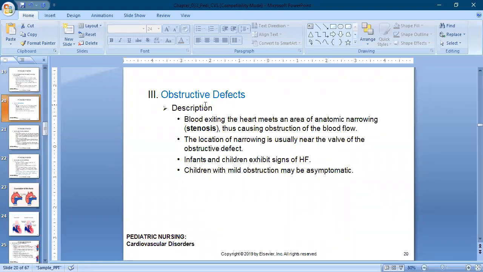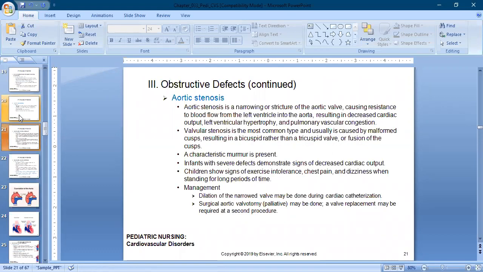So in obstructive defects, blood exiting the heart meets an area of anatomical narrowing, called stenosis. This causes obstruction of the blood flow, right? So here we go, next.